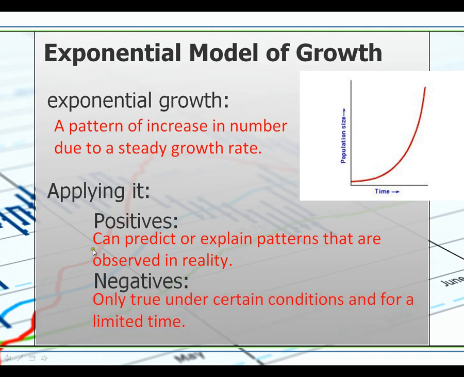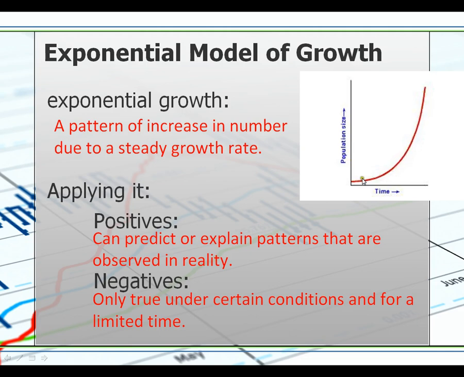The negative behind it is that this is only true under certain conditions, and it can only be true for a limited time, and we'll talk about that a little bit more when we talk about limiting factors and carrying capacity. But what this growth curve illustrates is that you have unlimited population growth.